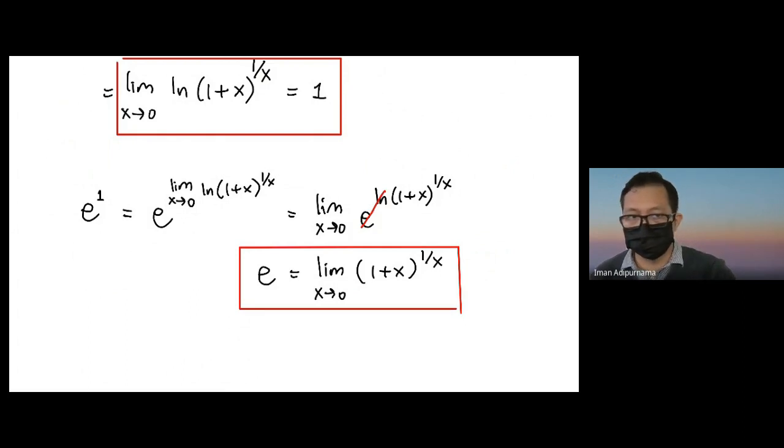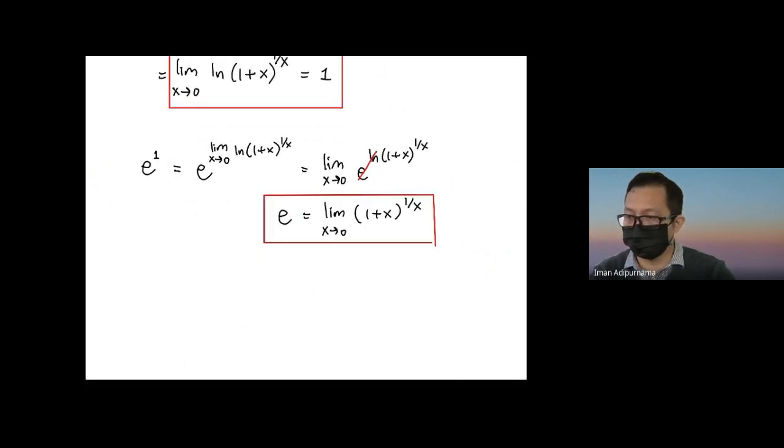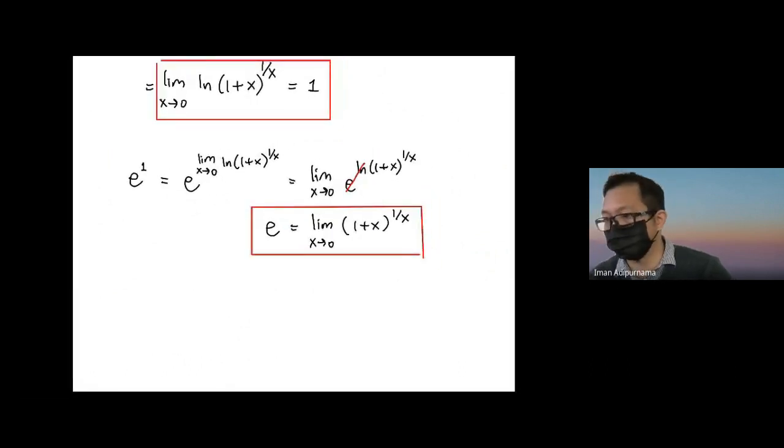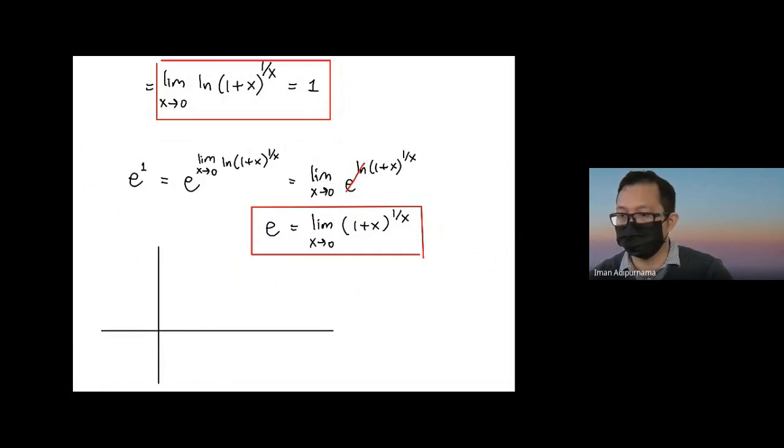And then how we can make sure that this is true, you can try to draw the graph. I forgot to make the graph here. So let me just draw some illustration for you. This is 1, 2, 3. This is 2.